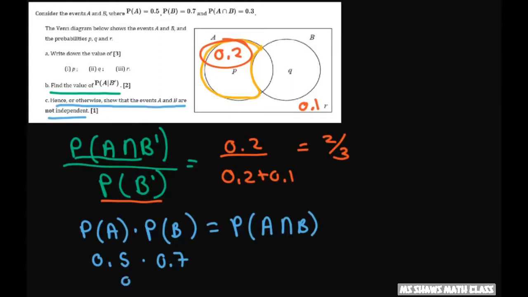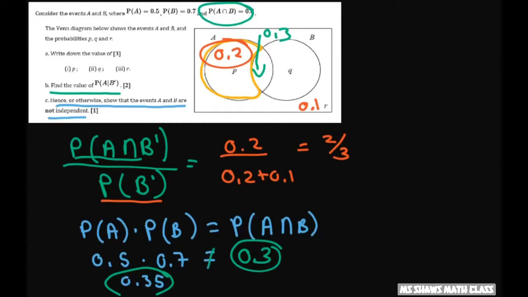And that gives you 0.35. Probability of A intersects B is going to be 0.3 because that was given. So that part right there was 0.3. So that equals 0.3. These two numbers don't equal. So that shows that the events A and B are not independent.